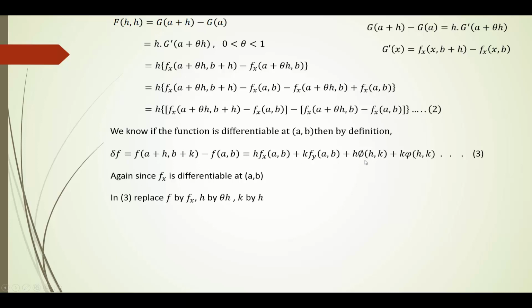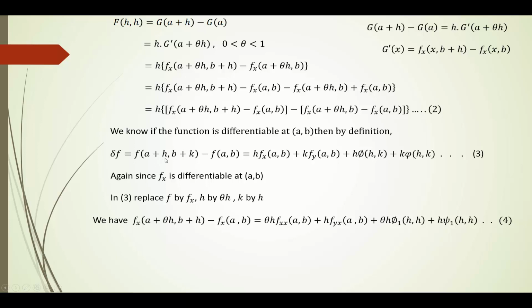Therefore fx(a+θh, b+h) − fx(a, b) = θh fxx(a, b) + h fyx(a, b) + θh φ1(h) + h ψ1(h).